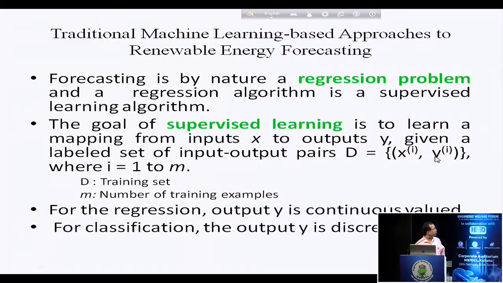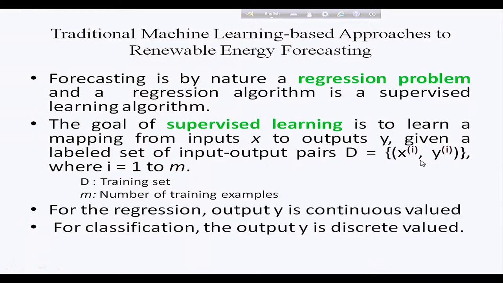This input-output pair should be given as training data to the model, and the model will automatically learn how the input and output are related. That will be learned by the machine learning algorithm, and the corresponding model will be given as an output. I have seen that most forecasting models are actually regression problems.